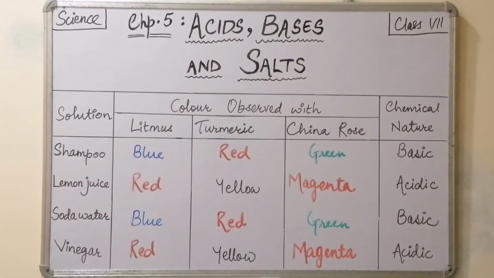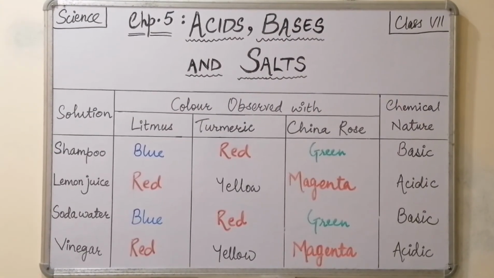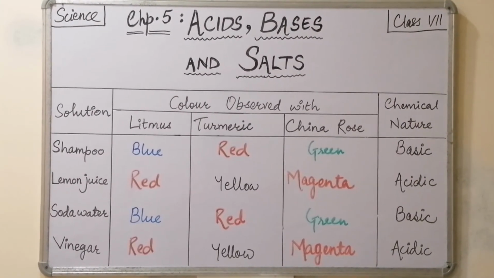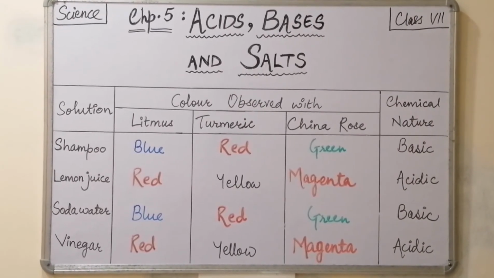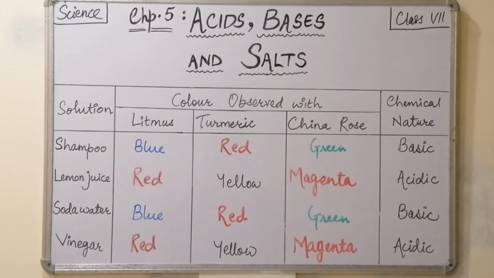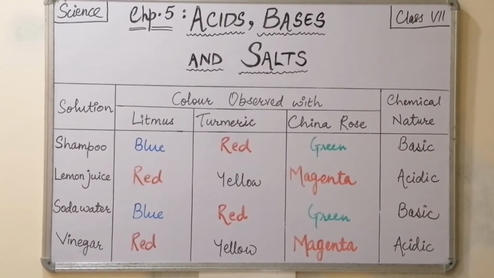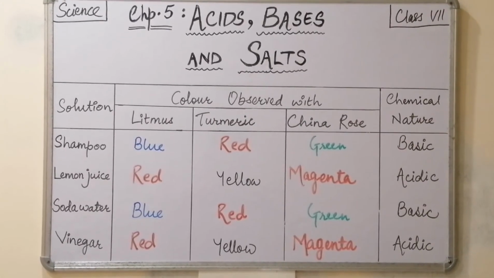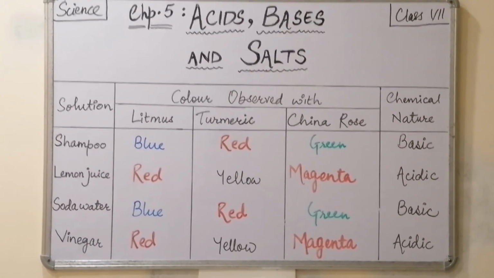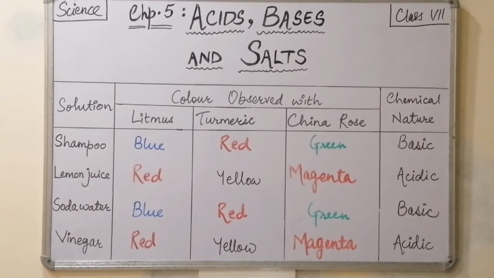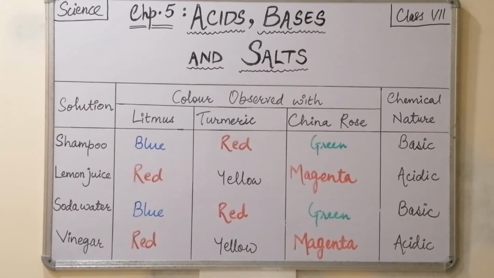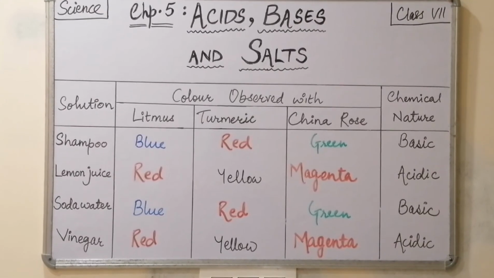Lastly, let us take a look at a table of comparison between the results obtained by these different natural indicators, whether it is turmeric, litmus or China rose. So the table contains different solutions. Just remember that solutions are required and not the powdered form of any compound. Okay, so different solutions we can use like shampoo, lemon juice, soda water, vinegar.